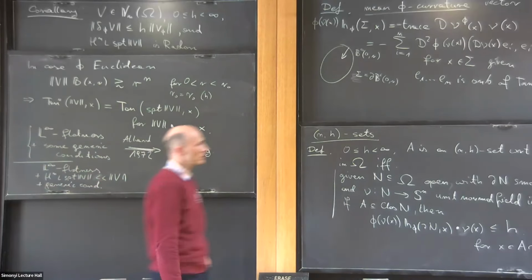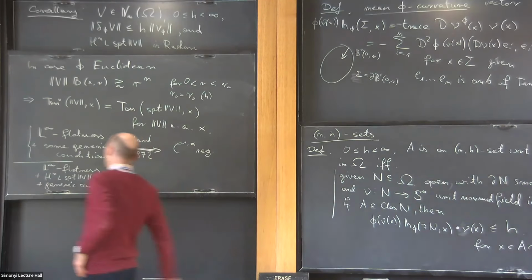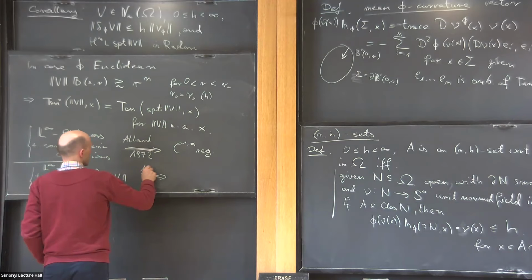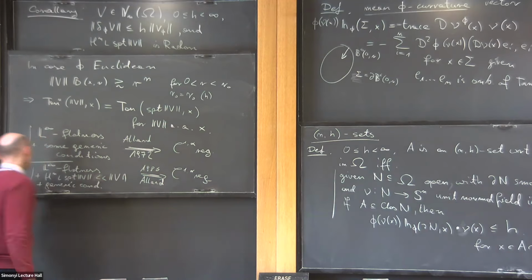I'm always talking about the situation like here, I don't even mention that we have bounded first variation, so all varifolds are bounded. There is this 1986 paper by Allard, which gives you C1 alpha regularity. But you see, there are some generic conditions. There is this condition which you cannot forget about, but there is this L infinity flatness somewhere encoded, and this is non-generic.